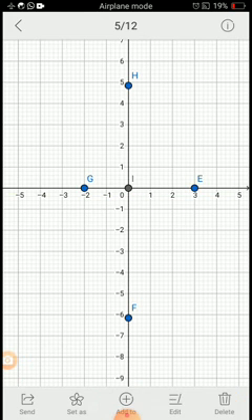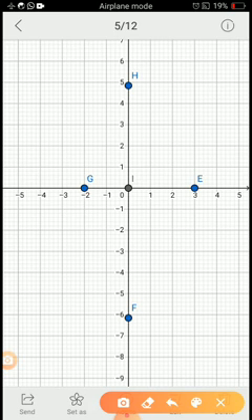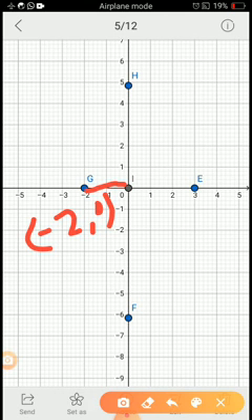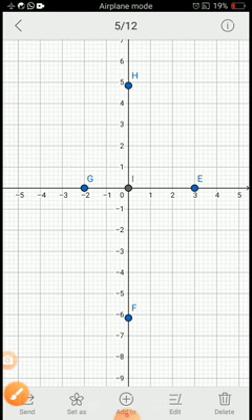So if I take the point G and drop a perpendicular here, I'll have y as 0, and the x coordinate, what will it be? The distance from the y-axis is -2. So it is -2, 0. Clear?